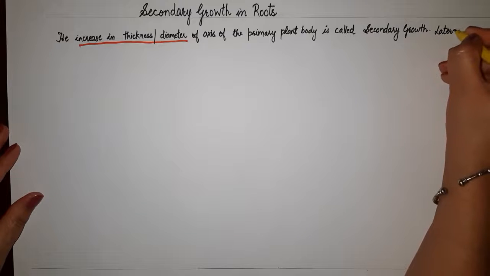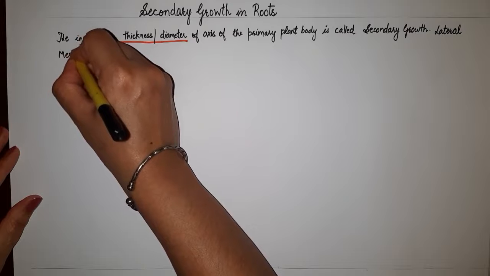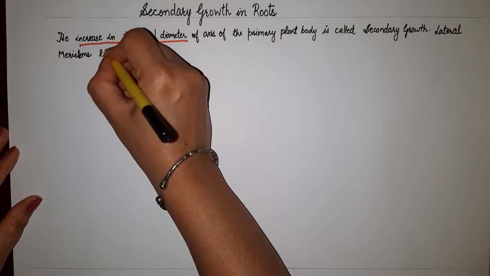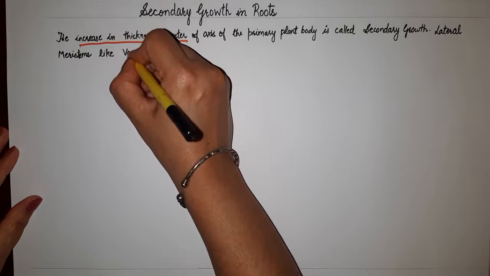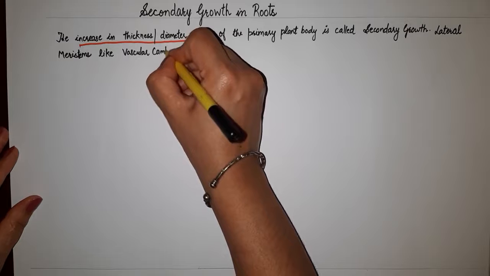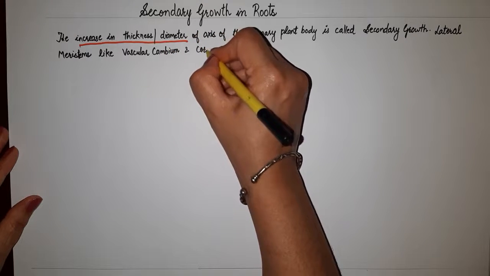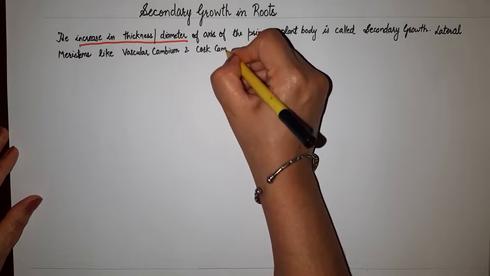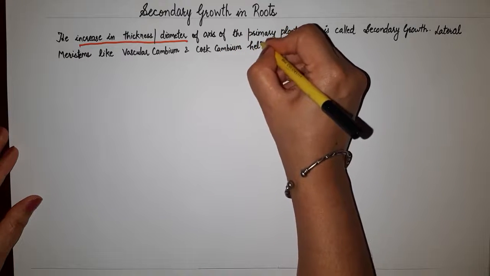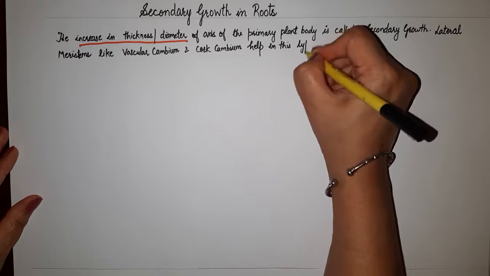Lateral meristems. Lateral meristems like vascular cambium and cork cambium help in this type of growth.